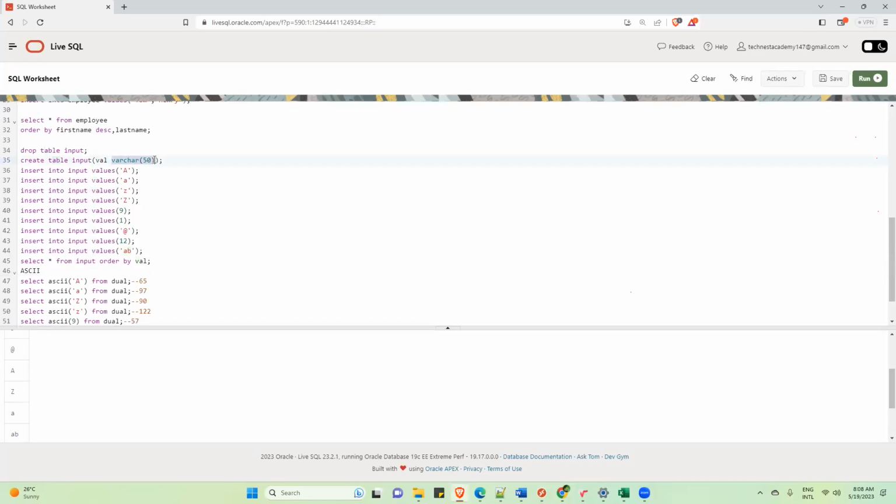I think in the first or second class I mentioned that a varchar column can accept numbers, special characters, and letters. It can accept alphanumeric as well. Suppose you have alphanumeric data like 1, 2, J, something alphanumeric, it can accept that too. Now see, this is also accepted.